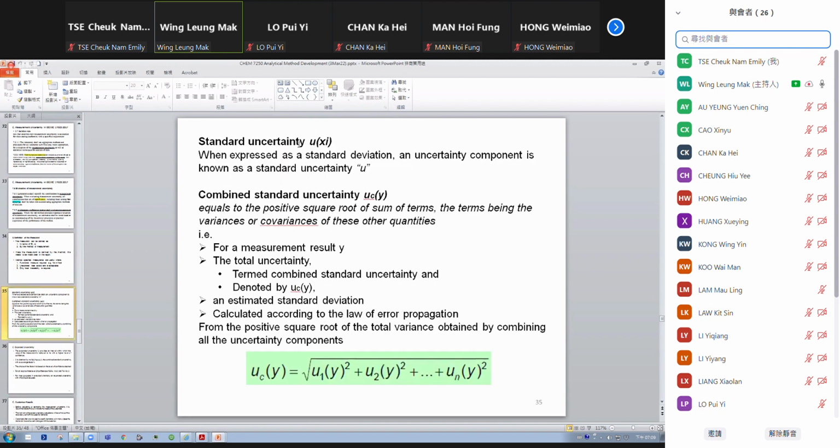And here's the standard uncertainty for each of the measurement parameters. You have the capital letter U, a small letter u, and then you use the square to sum them up.